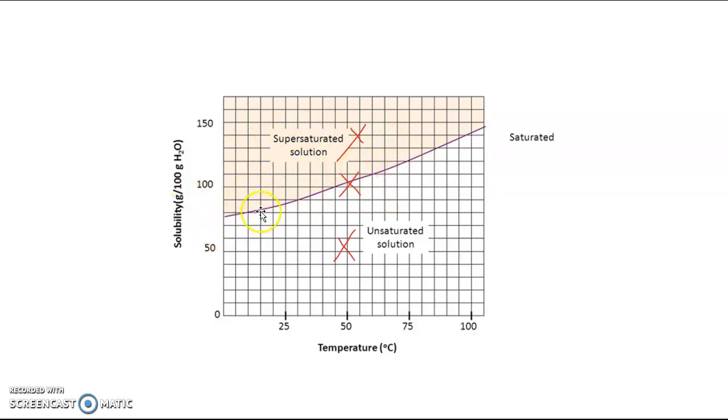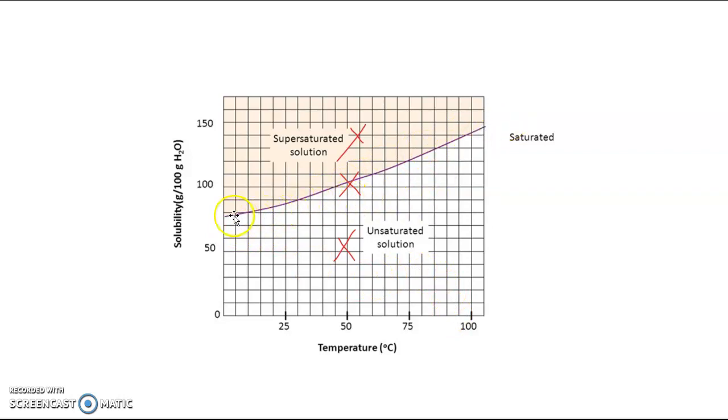Then the solubility increases as the temperature of the solution increases. In gases it is the opposite. When the temperature increases, the solubility decreases. But in solids and liquids, we have this behavior.